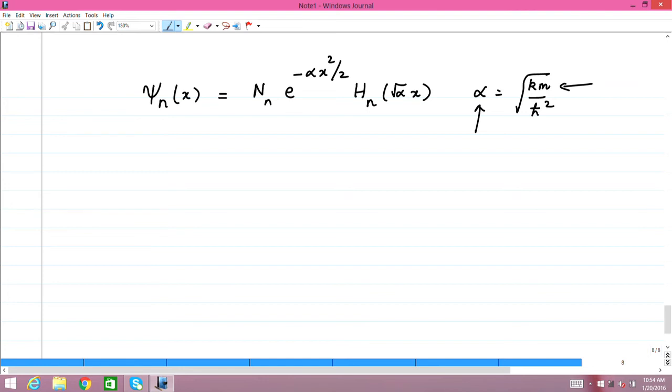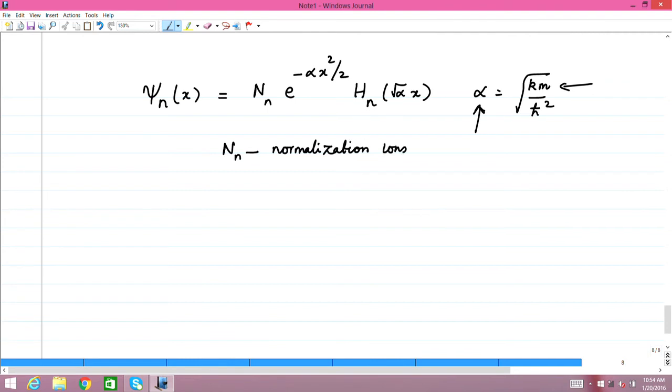So, if the oscillator is very strong, its force constant is very high, then alpha is very large, the square root of k m of course. And if the oscillator is very heavy, so is alpha. So, the parameters of the system, the model that you study, are used to define the wave functions and the energies. The N n is a normalization constant.